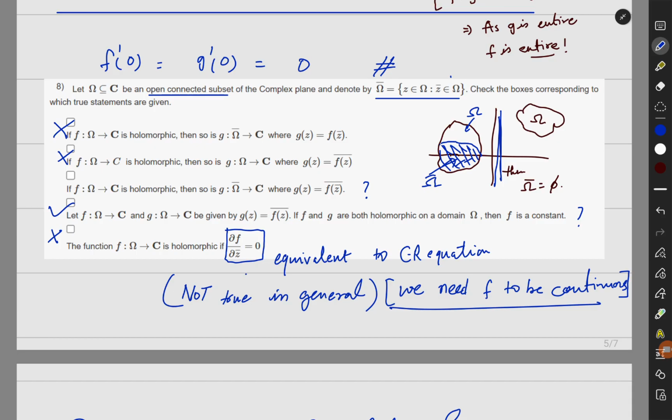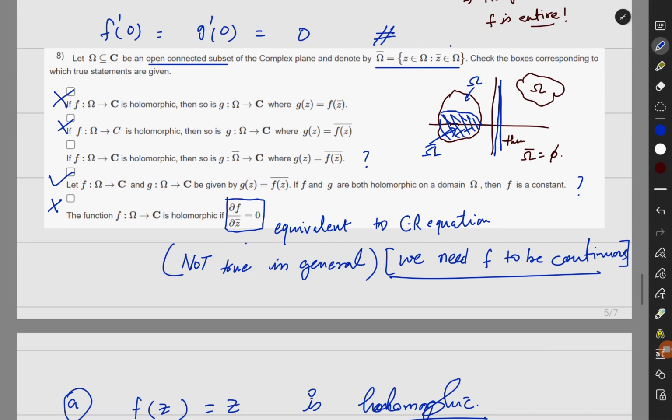Analytic means the function has a power series expression in a neighborhood, then we say analytic. And if it is just differentiable, we call it holomorphic or differentiable. Okay, right. So keep in mind, but for complex functions from C to C, these two coincide.